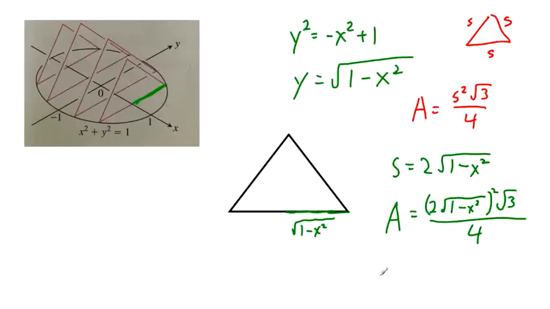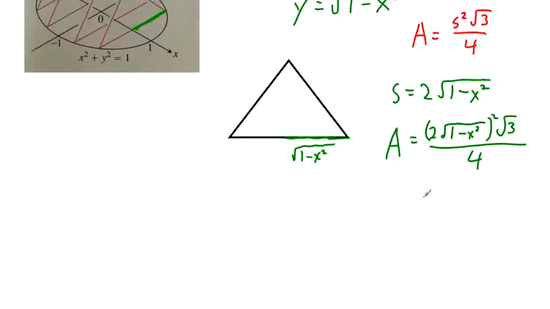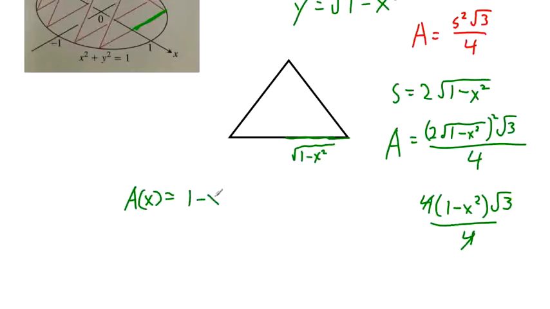So if I multiply this out, I end up getting 4, and then the square root squared is just 1 minus x squared, times the square root of 3, all over 4. This 4 reduces with this 4. So the area of this one triangle is going to be 1 minus x squared multiplied by the square root of 3. That's just one area.